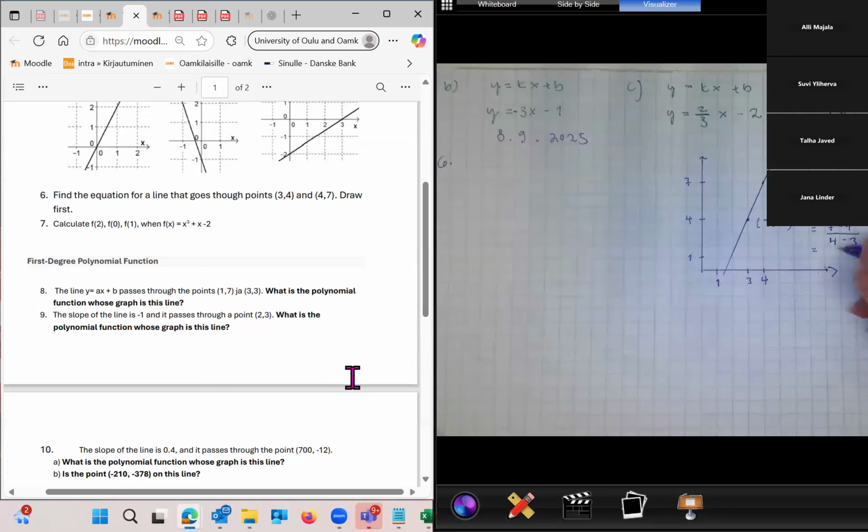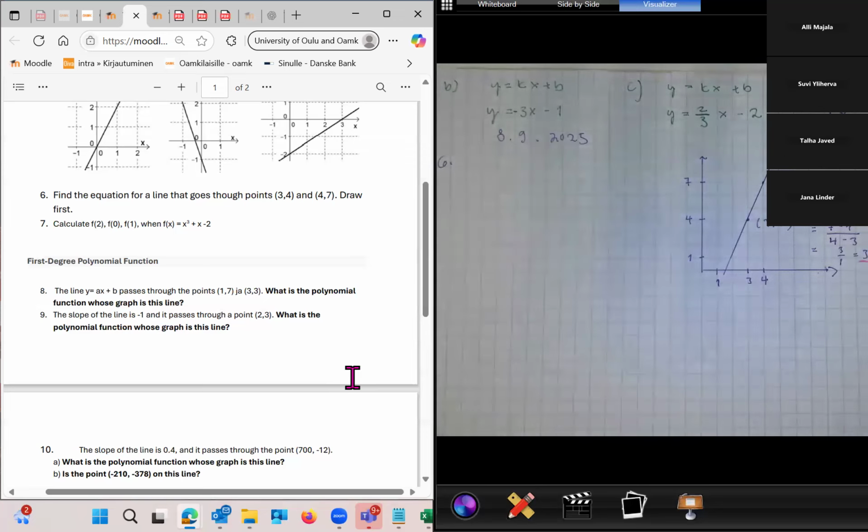So we would get 3 divided by 1, which would be 3. So now I would know that for the line, the k would be 3.